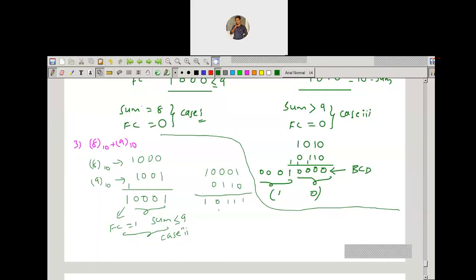Now this is the 4-bit, and you can use 3 more digits here. This is the one more bit. This value is 1. This value is 7. So 8 plus 9 gives 17. This is the BCD form.